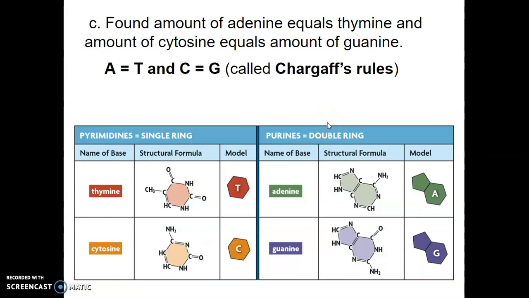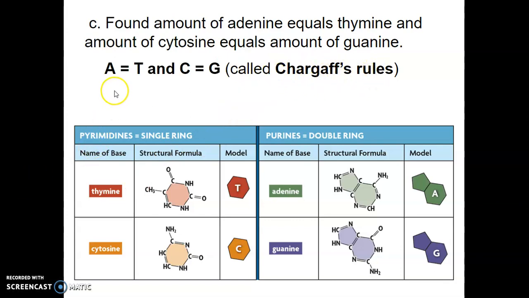What he found was there was an equal amount of one of the nucleotides called adenine, and it equaled up with another one called thymine, okay? And then there were 2 other kinds, cytosine and guanine, right? And they were equal parts. So he came up with something called Chargaff's rules.